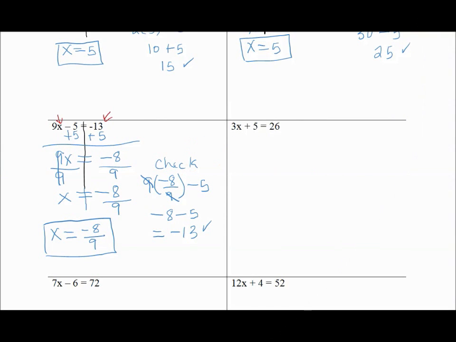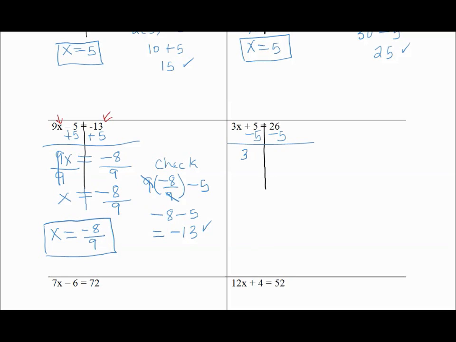The next problem that we have is 3x plus 5 equals 26. I want to start off by drawing my line separating my equation into 2 separate parts. I know I need to get rid of the 3 and I know I need to get rid of the 5, so I'll start with the 5. I'm going to minus 5 from both sides.